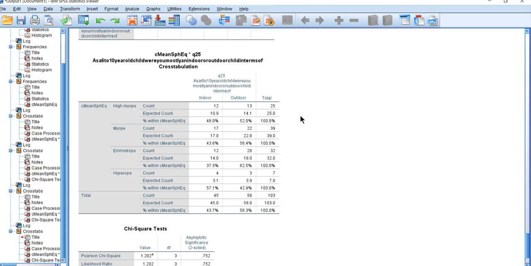And the chi-square looks at the observed 12 minus expected 10.9 and squares that value, that's 1.1 squared, and then adds it to the next cell, 13 minus 14.1 squared, 17 minus, and so forth. The expected value is kind of the average cell value by chance alone if there was no association. In other words, if the null hypothesis is true, you're going to get these expected values as the chance values.